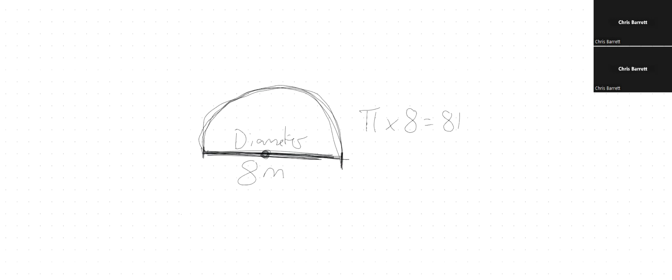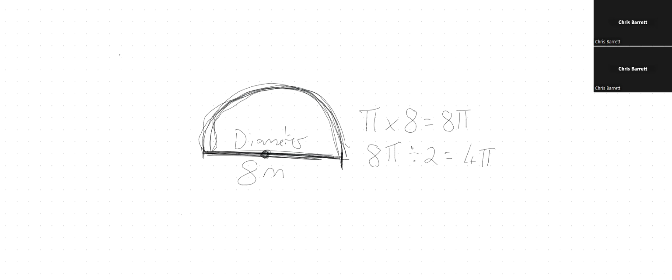I'm not going to turn it into a decimal just yet, because what I'm going to do now is halve that so I can just find this half of the circle. So 8 pi divided by 2 gives me 4 lots of pi.